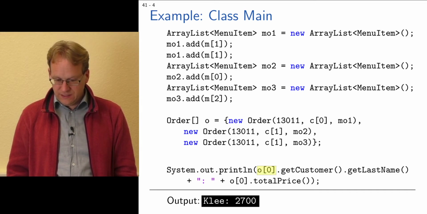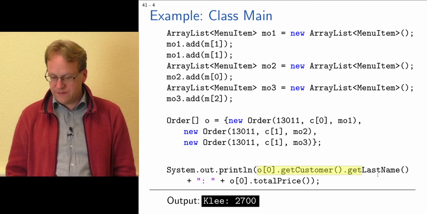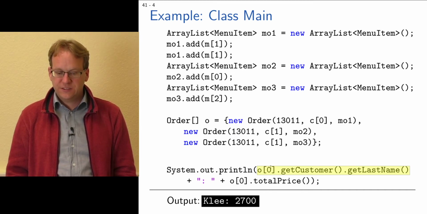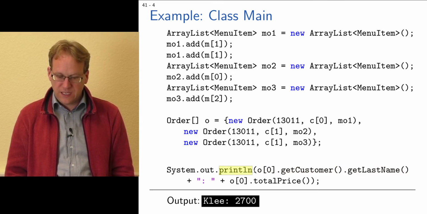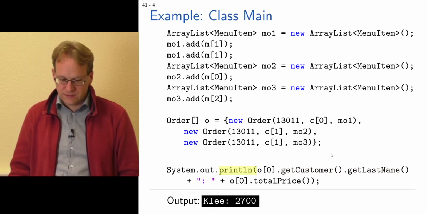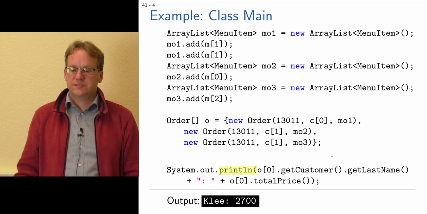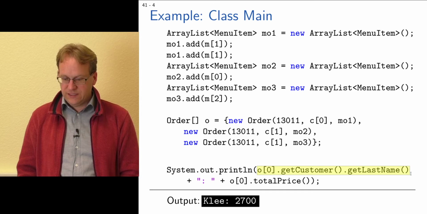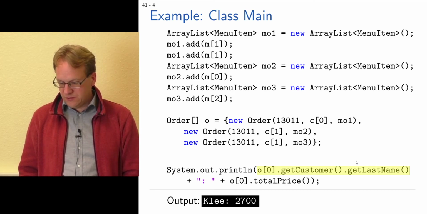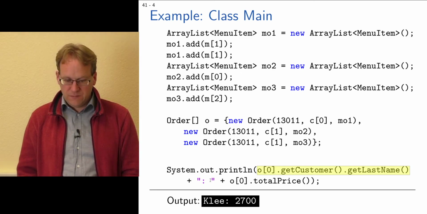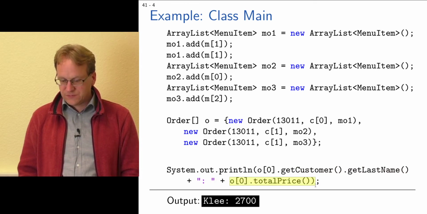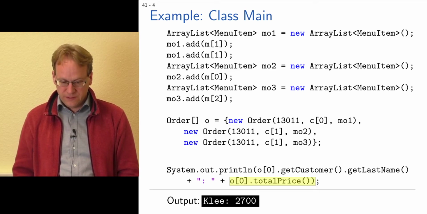From that, I get the customer and the last name. That I write to standard output using this print line method. So this print line method writes some string to standard output, and I'm doing here something like get the customer name of my order at index position 0. That is written to standard output. However, I not only write this customer name, I also write this colon, and I write the total price of my order.